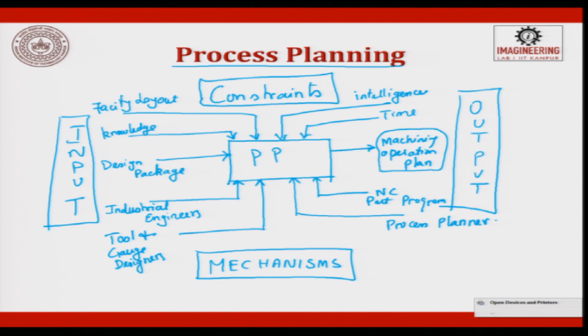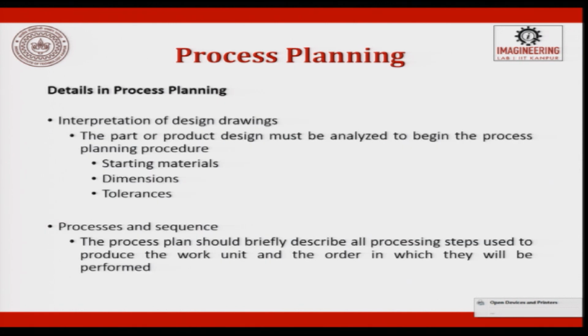what you get out. So, when we talk about the details of process planning, the first step is interpretation of the design drawing, which is very important. What is the tolerance, where are the reference planes, and where you have to place these reference planes in a fixture and then start machining on the other surface.